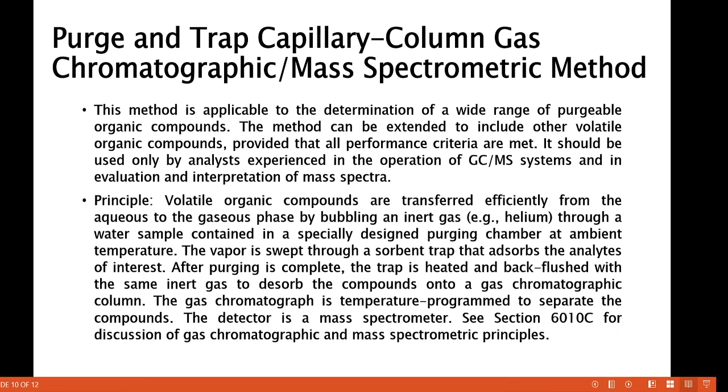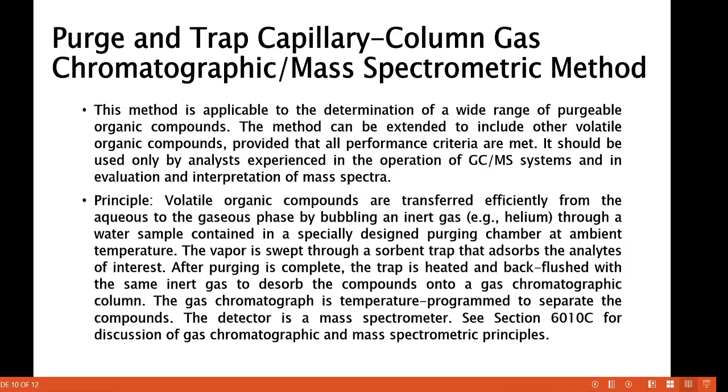So volatile organic compounds can be detected by using the purge and trap capillary column gas chromatographic mass spectroscopic method. This method is applicable to the determination of a wide range of purgeable organic compounds.